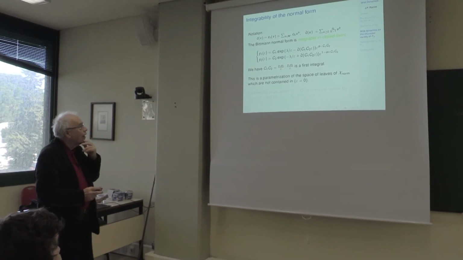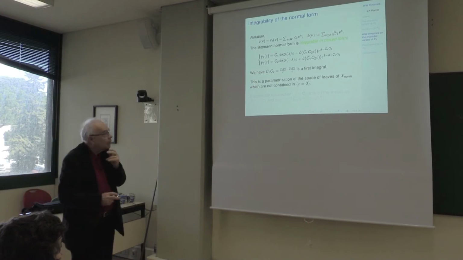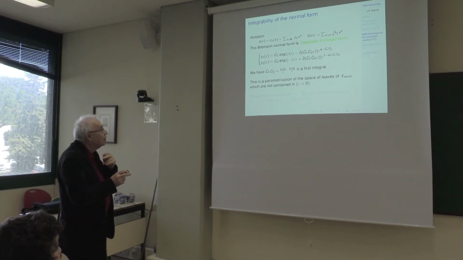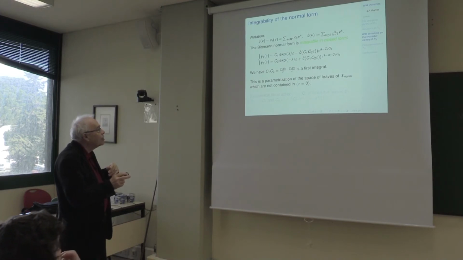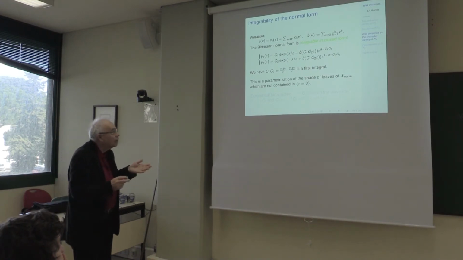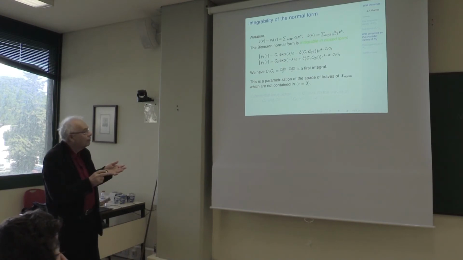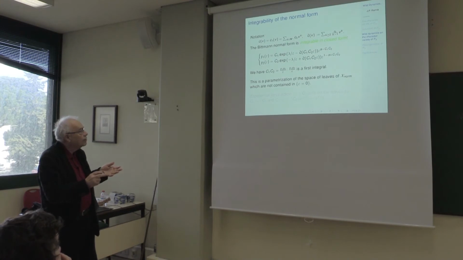Okay, so now you get convergent normal form. But it's a big family. In the family of the convergent normal form, you have arbitrary convergent power series. No matter, you can integrate by hand, and here you have the answer. This is the normal form, and this is the integration of the normal form.